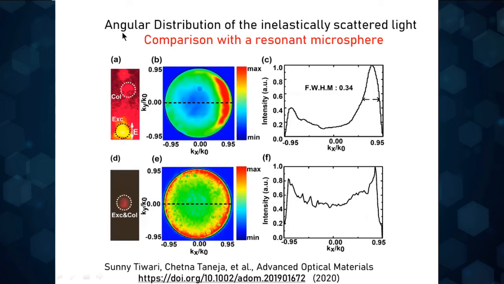For example, one of the questions we are interested in is whether we can look at this as an antenna. So for example, we can compare the angular distribution of the fluorescent light emanating from the sphere. If you take a single isolated sphere, the light coming out of the sphere is isotropic in nature. This experiment quantifies that isotropic emission.